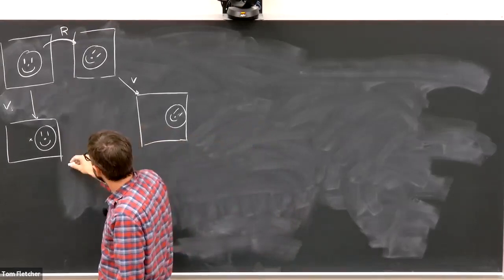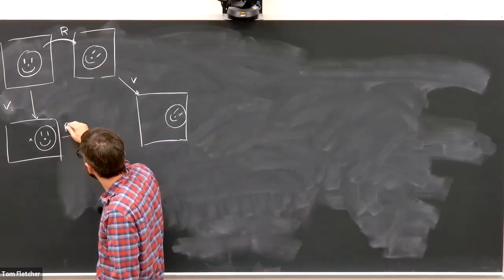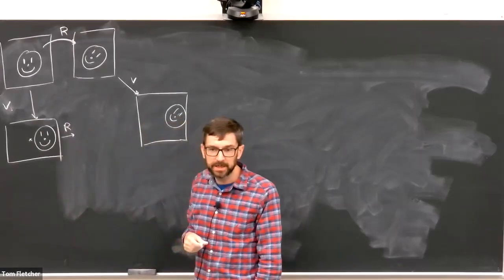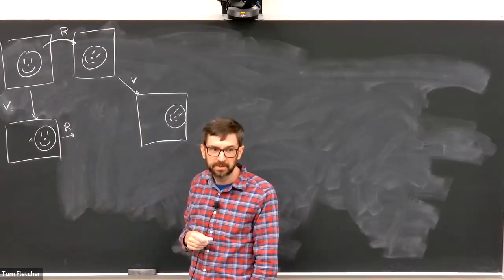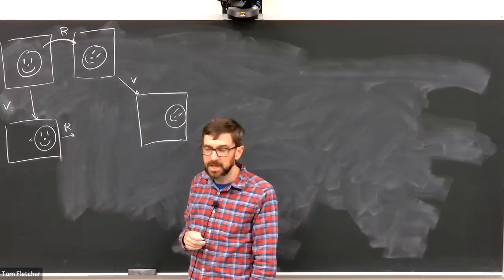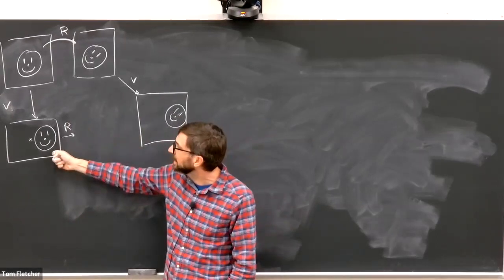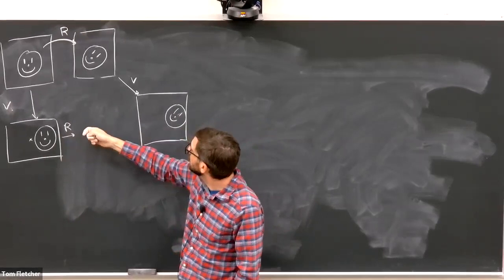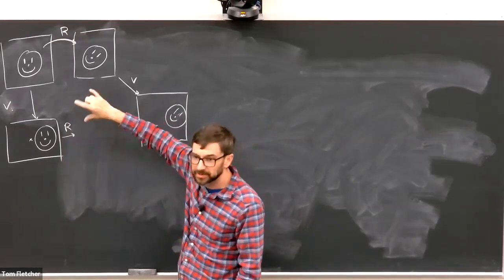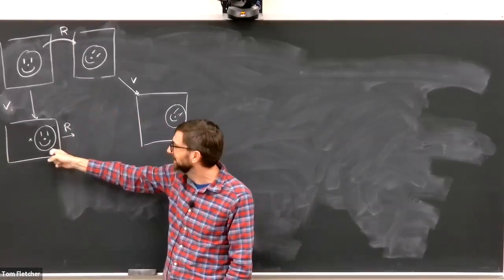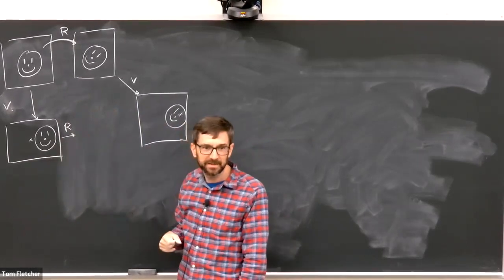Now let's take the same rotation and apply it to this image. What am I going to get? Can anybody tell me? Let's say it's a 45 degree clockwise rotation. What would I get?